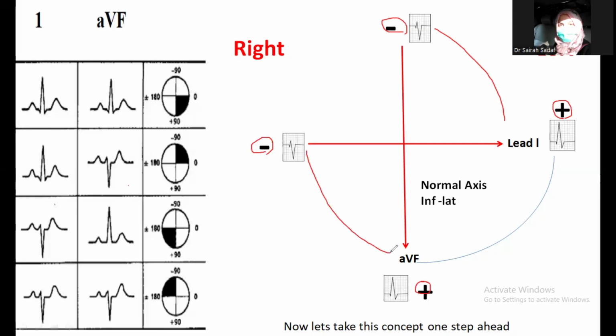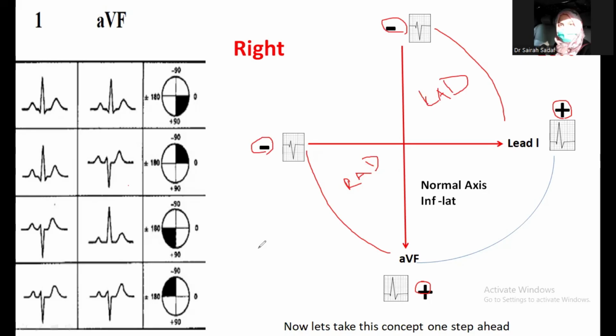What is this side? The right side of the quadrant. This is right axis deviation. Let me write it. This is left axis deviation, and this is right axis deviation. I will repeat it later. Don't worry.